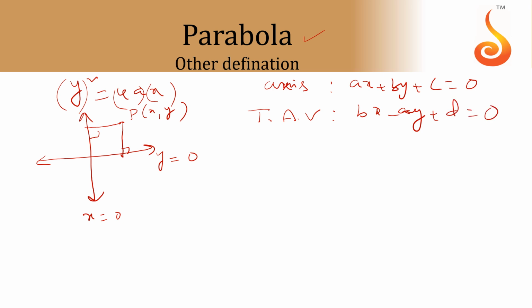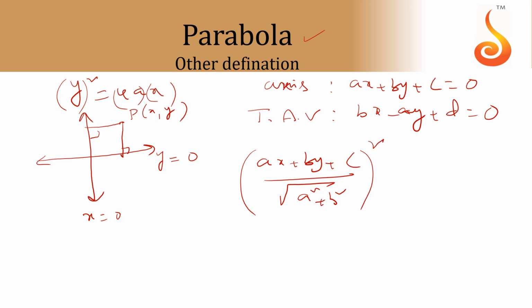Then the equation of the parabola I can write as: the square of (ax plus by plus c) divided by root of (a square plus b square), the perpendicular distance from any point to the axis, is equal to latus rectum into (bx minus ay plus d) by under root of (b square plus a square).